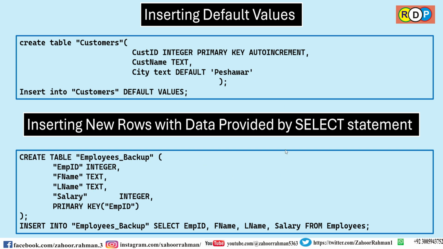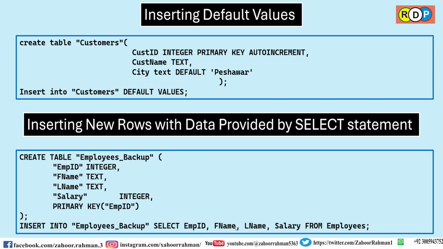I want to take the backup of the employees table. So I am creating a new table with the same fields as the employees table. This is employees backup, and I am creating those fields which were available inside the employees table, and then I am inserting into the employees backup table, but this time multiple rows.